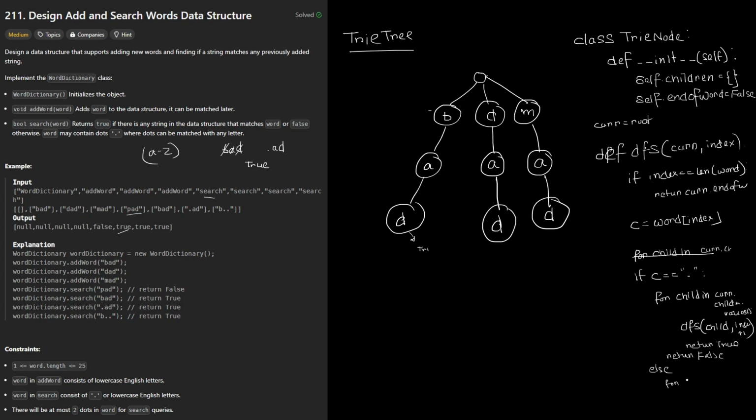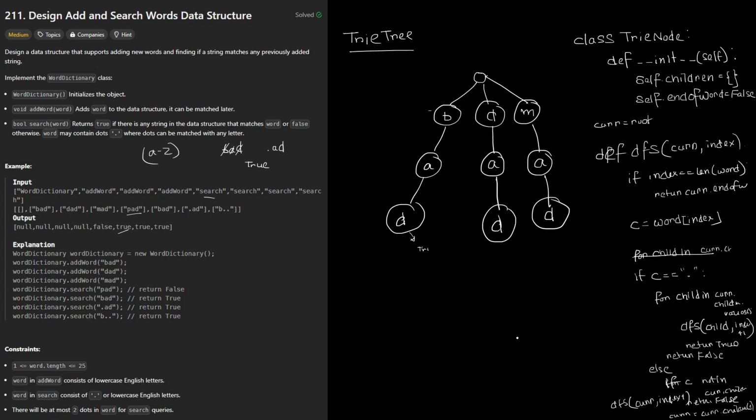So I will check if C not in cur.children, then return false, else it would be cur equal to cur.children, and here I have to pass in the current C value, and I have to call the DFS function with this current cur, and again index plus 1. So that would be the idea.